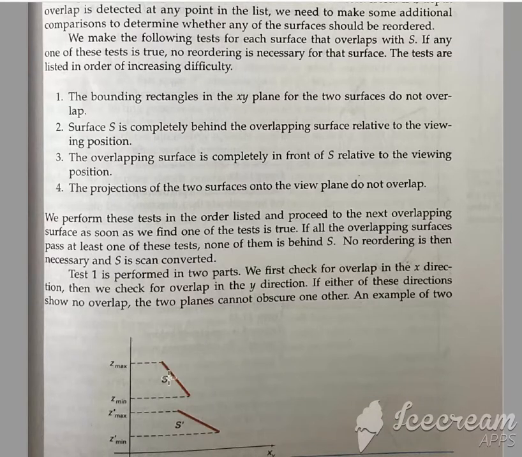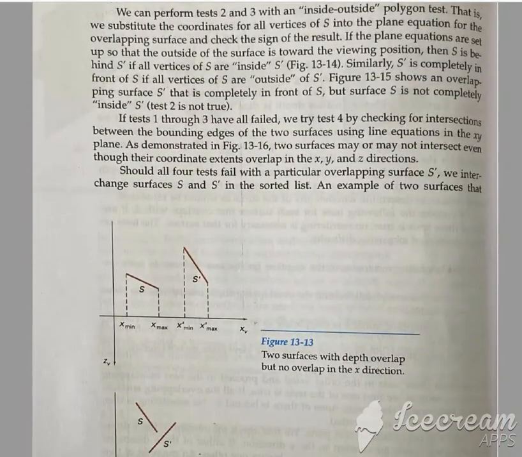We can first scan convert S and then scan convert S dash. But even when there is a depth overlap, we move on to test case 1 and check the overlap in the x direction and y direction. If we find an overlap in the x or y direction, that means test 1 fails. If test 1 has passed, we can scan convert S and then scan convert the surface S dash.